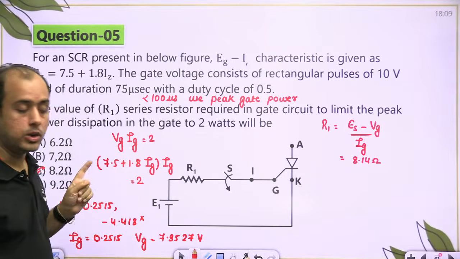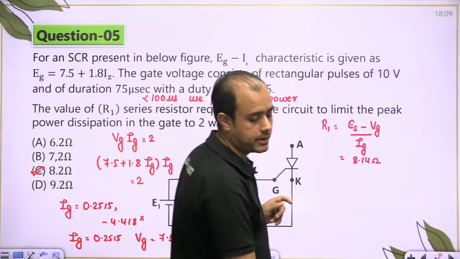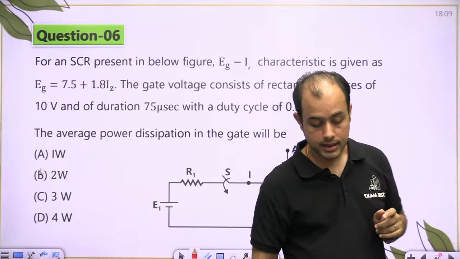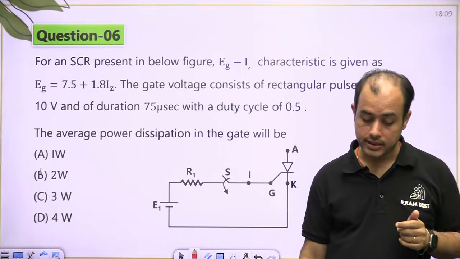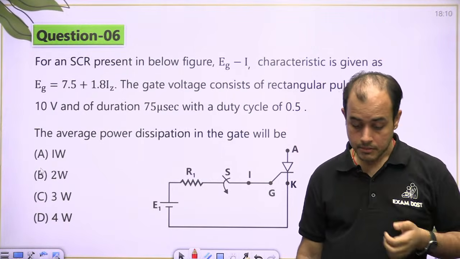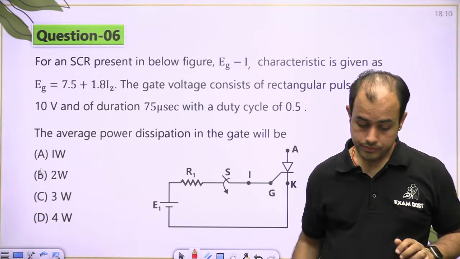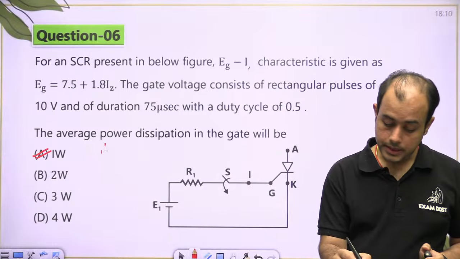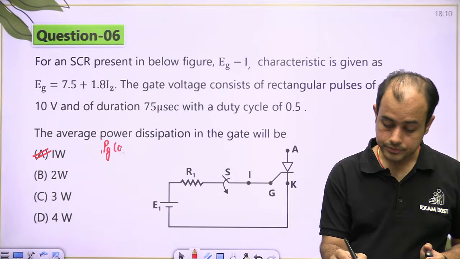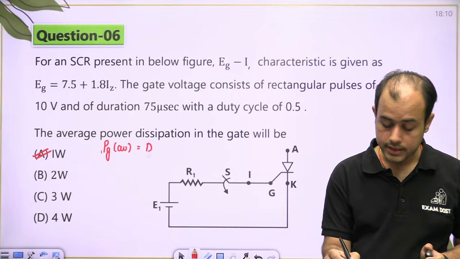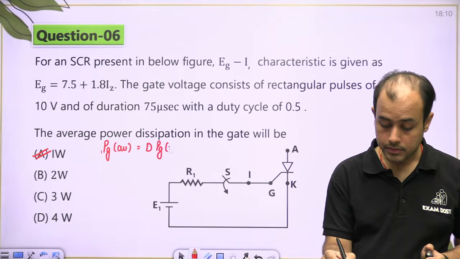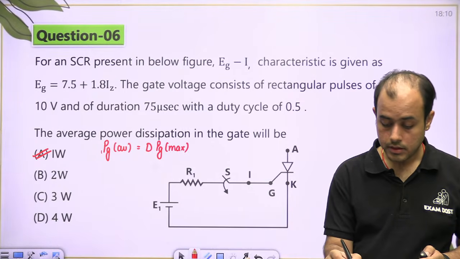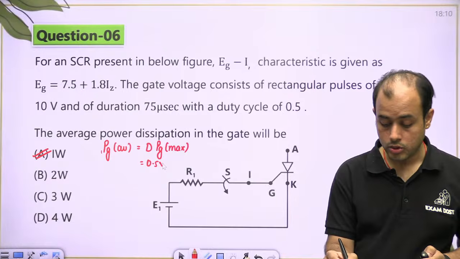Average power will be duty cycle into peak power. That is how. Average power dissipation in the gate: PG average is duty cycle 0.5 into 2, one watt.